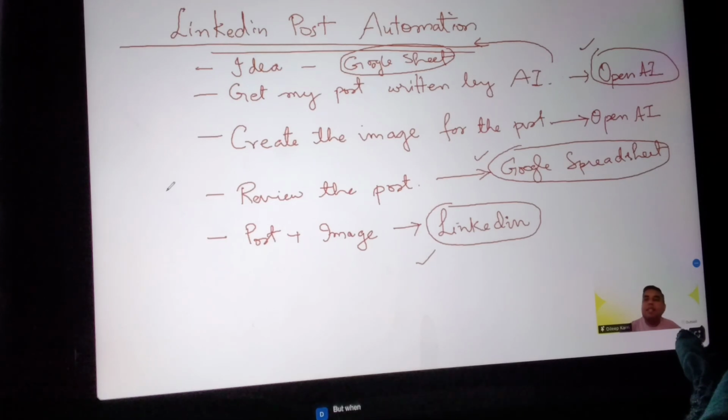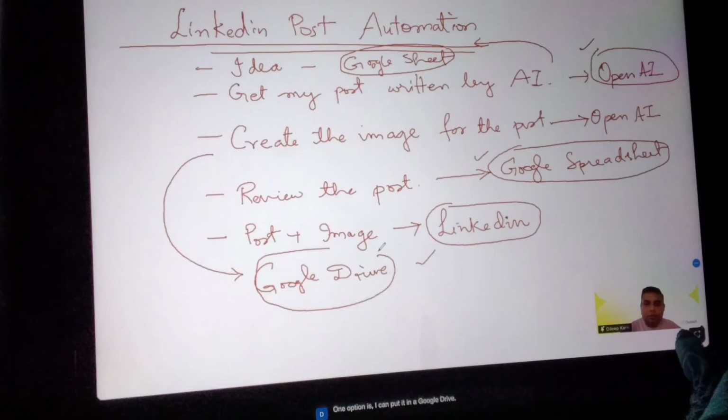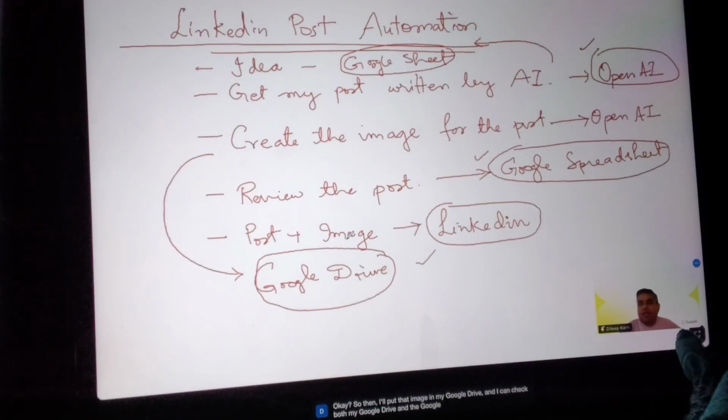But when the image is created, where do I put it? One option is I can put it in a Google Drive. So then I'll put that image in my Google Drive. And I can check both my Google Drive and the Google spreadsheet so that I understand how this image has been created. I can review it and then I can post it on LinkedIn.